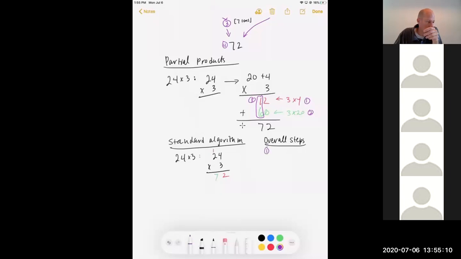So number one, we took three groups of four, or 3 times 4, that was our first step.